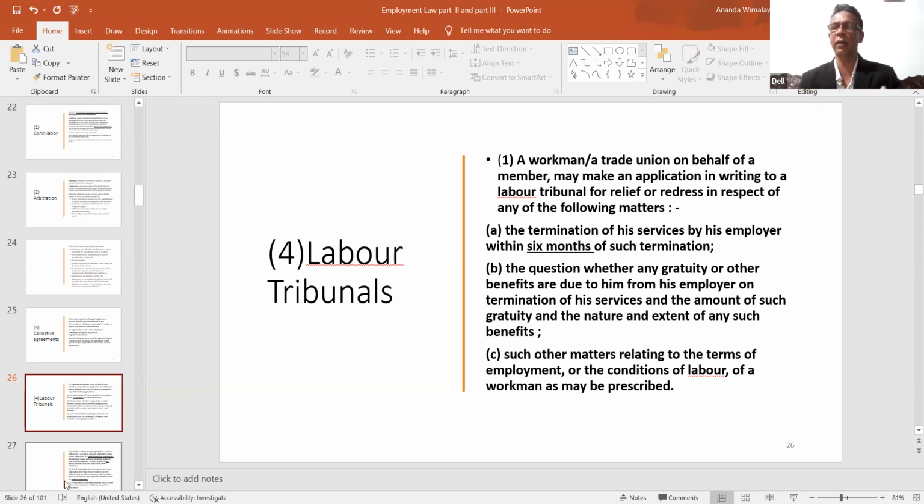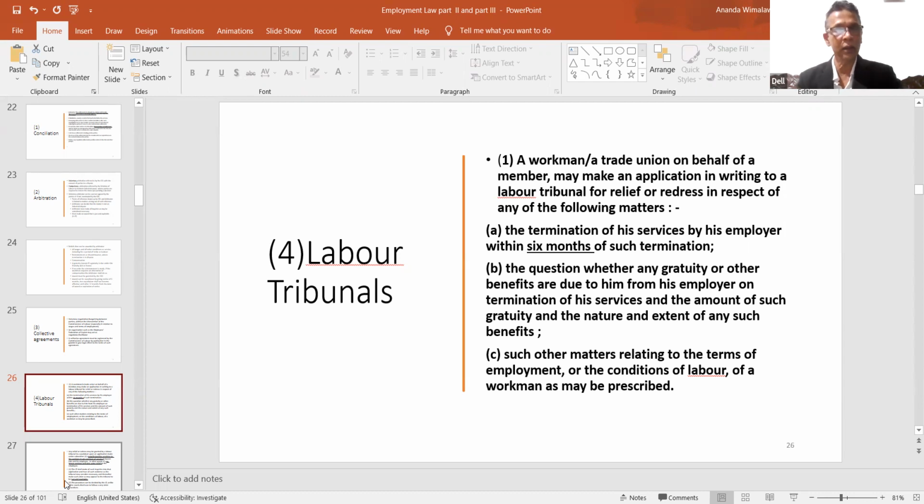But in general, remember, if your employment is terminated, you can make an application to the labor tribunal, in any case, whether your termination is covered by the Termination Act or not.